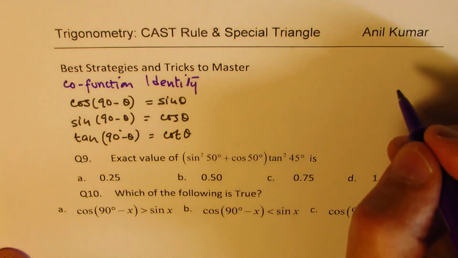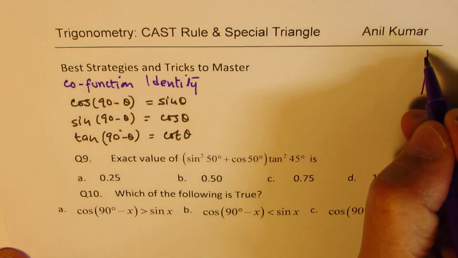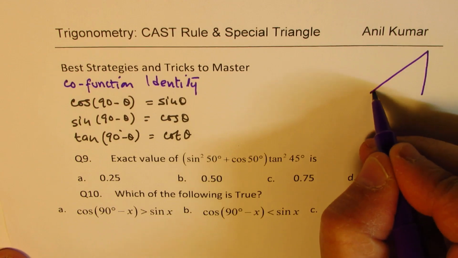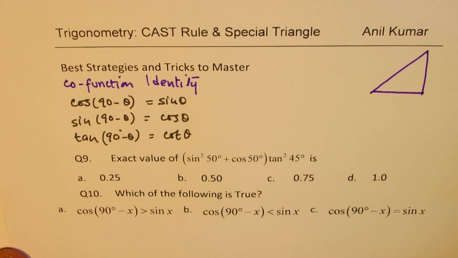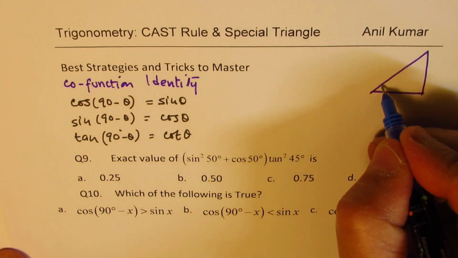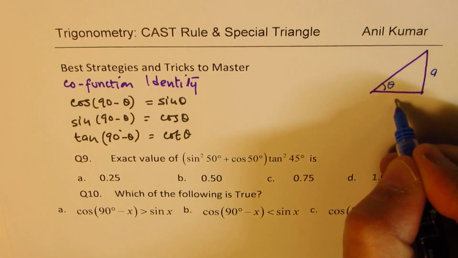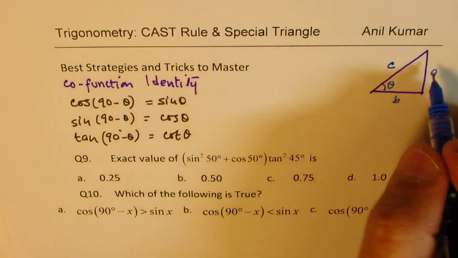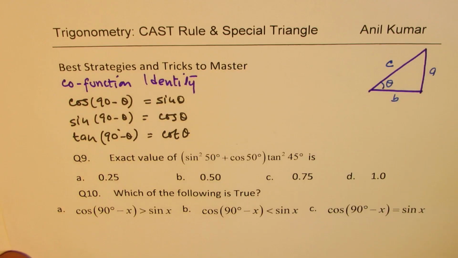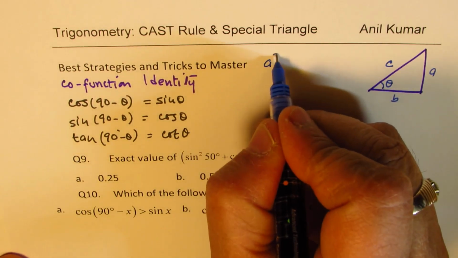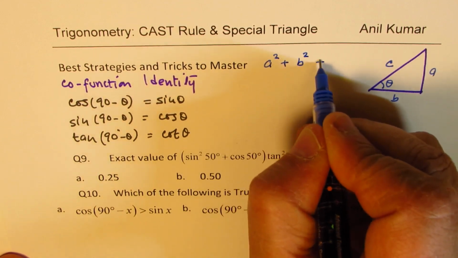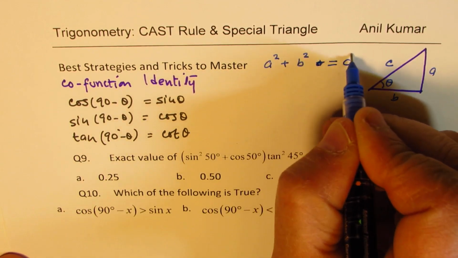Another thing which is very, very important for us to know is the trigonometric Pythagorean ratios, right? So I'll conclude with that. Let's say we have this triangle with angle theta, the sides we are calling A, B, and C. You know the Pythagorean theorem, which is A square plus B square equals C square.